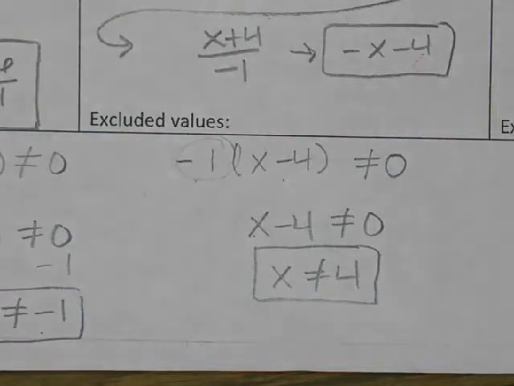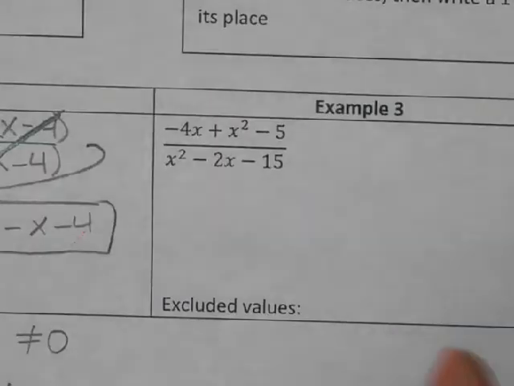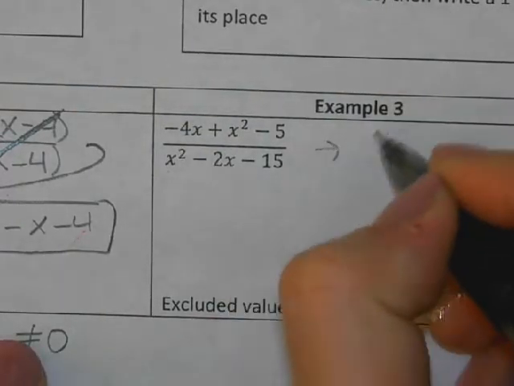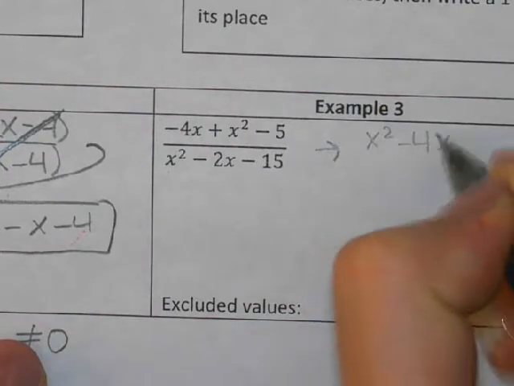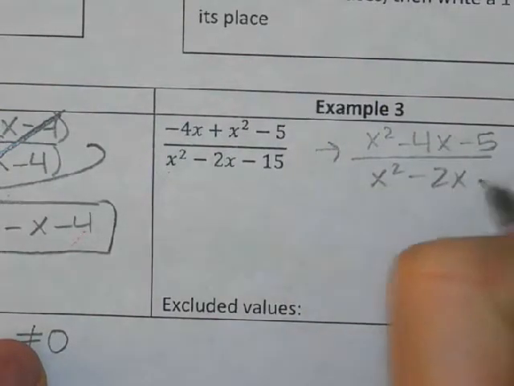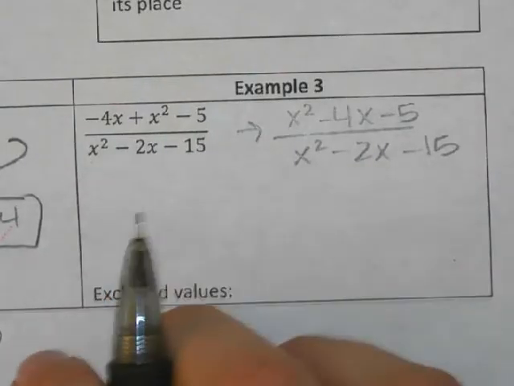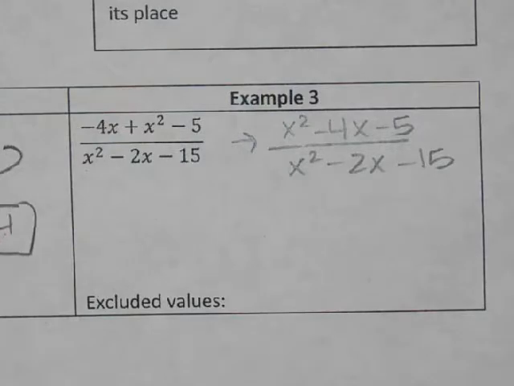All right. Let's go to the next one. So step 1. It has to look like it's numerator over denominator. Does it look like that? Yes. Step 2, it has to be in descending order. No. Okay, so let's rewrite it. Step 3 says to write it as factored form over factored form.